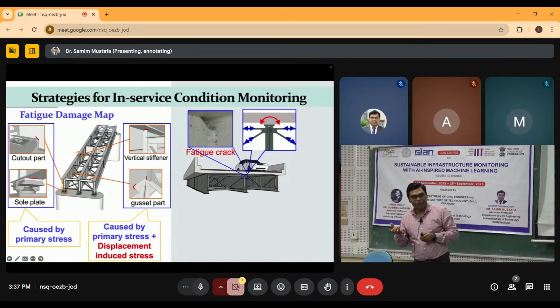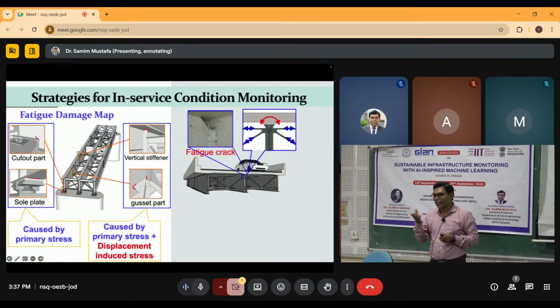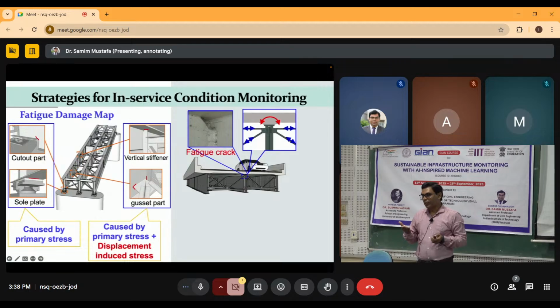Then if you see the structural member is not performing well after 10 years, suppose you have designed the structure to be okay for 50 years, but after 10 or 20 years you are realizing that there is a fatigue damage occurring at this spot. That means your member does not have adequate thickness or strength to resist the primary stress, means cell point. So you have not designed it well probably, that's why it is occurring.